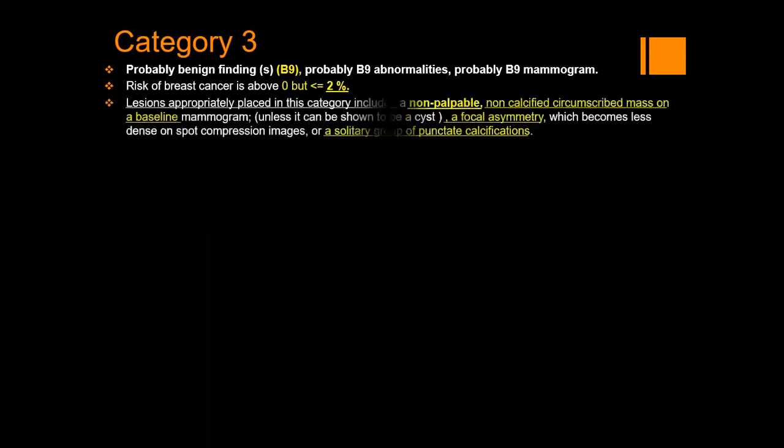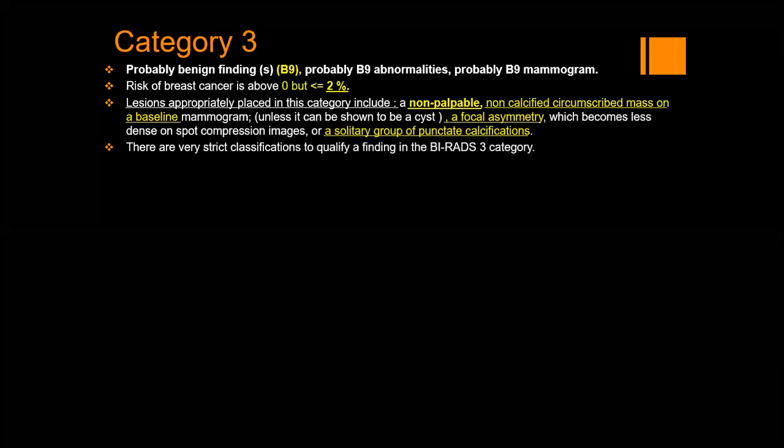Lesions appropriately placed in category 3 include a non-palpable, non-calcified circumscribed mass on a baseline mammogram, a focal asymmetry that becomes less dense on spot compression, and a solitary group of punctate calcifications. These are very strict classifications to qualify a finding in BIRADS 3.